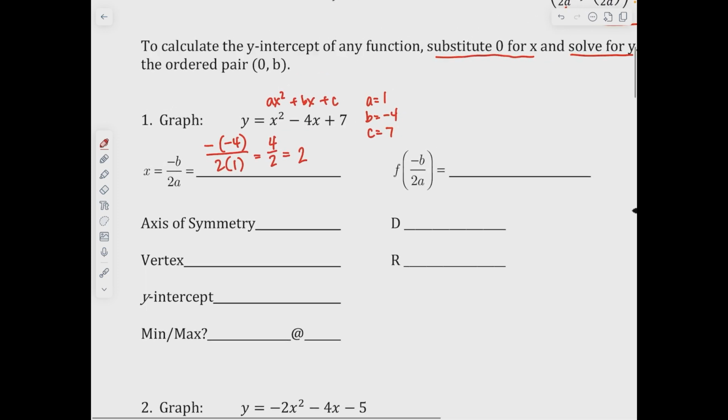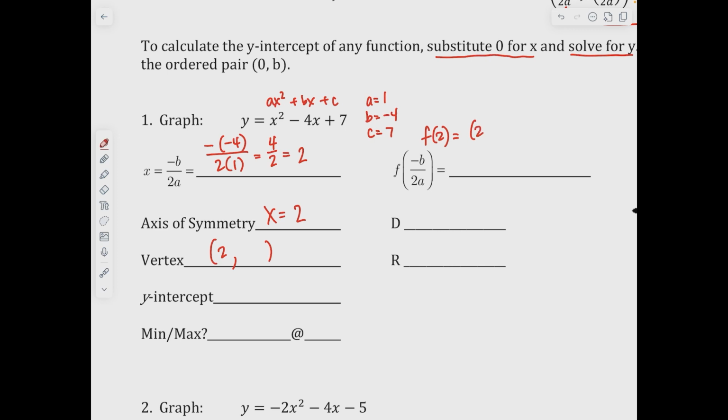So that number does two things for me. The first thing it does is give me the x coordinate of the vertex. And the second thing it does is give me my equation for the axis of symmetry. So I have those two things done. Now that I know my x coordinate is 2, I need to figure out what f of 2 is.